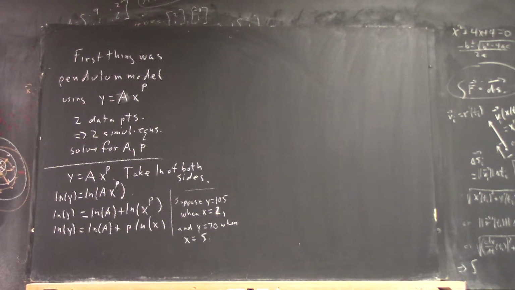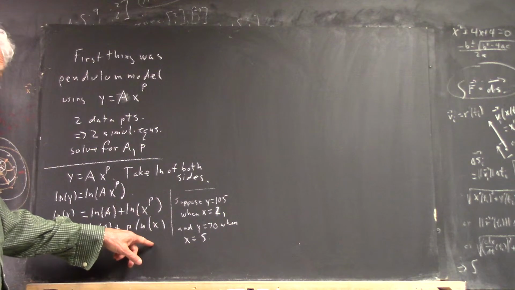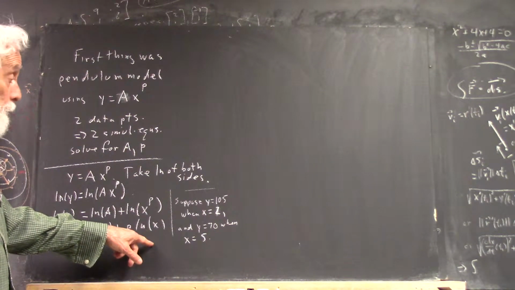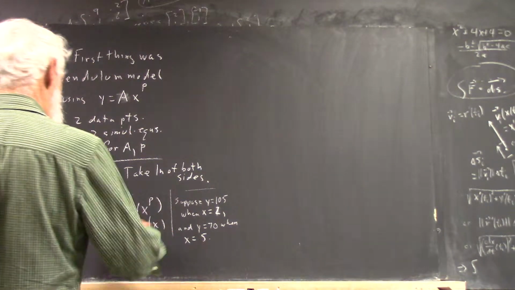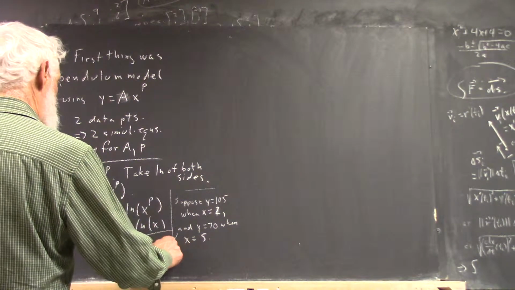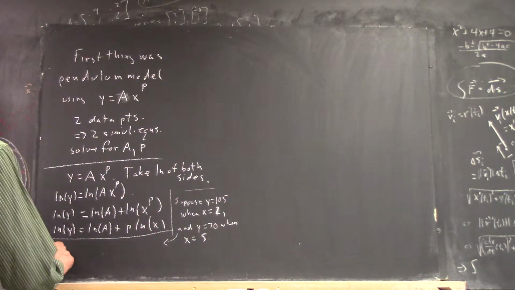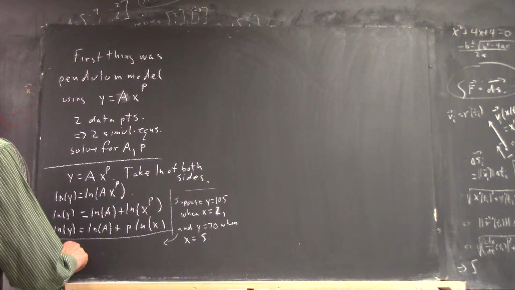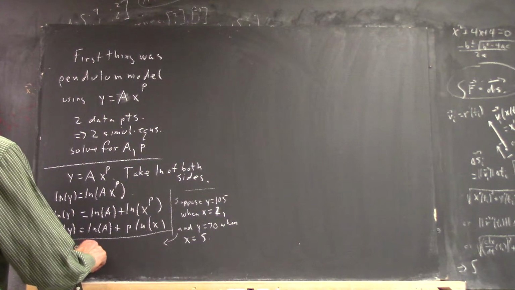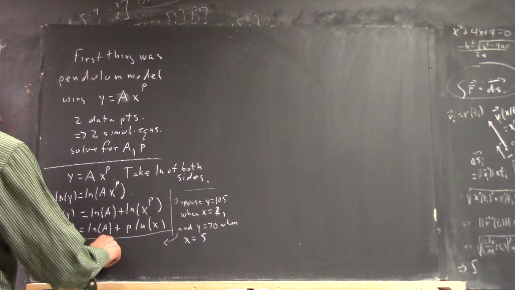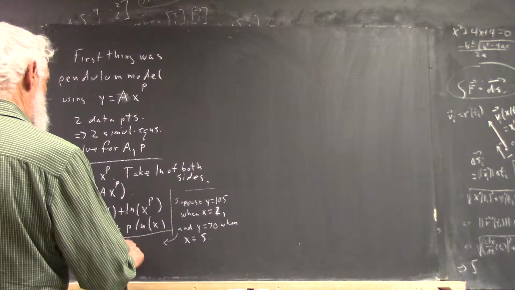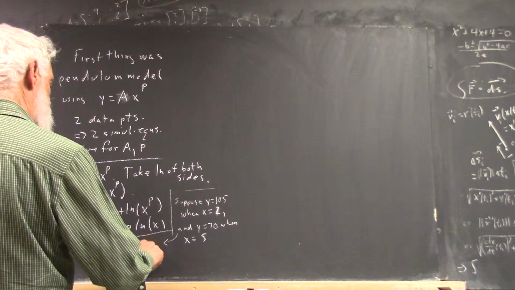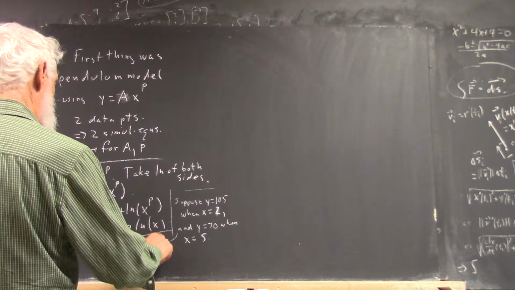Okay? Then this would give us two equations and two unknowns. Okay? So then this tells us that the natural log of 105 equals the natural log of A plus P times the natural log of 2.